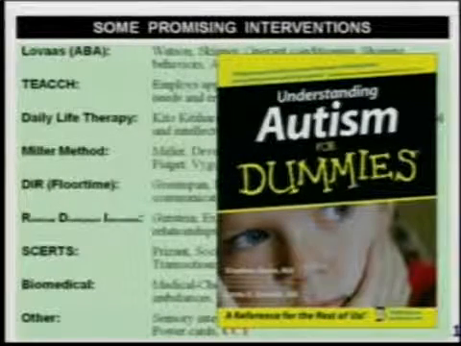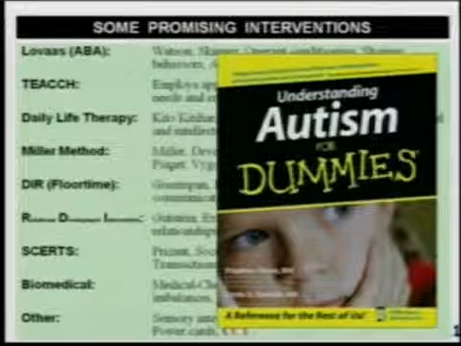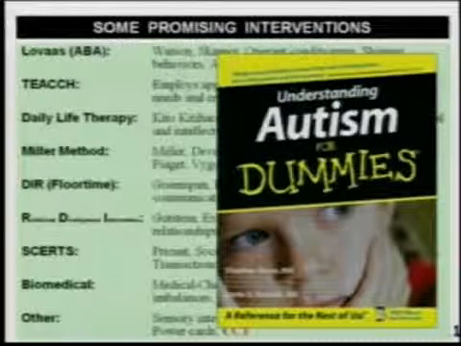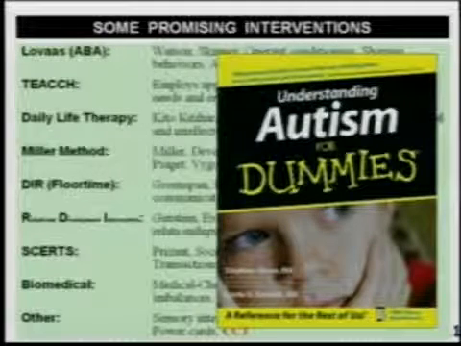So in other words, the question is not which is the best approach, but what is the best approach for this child at this time? Lauren Underwood talked about that this morning. This is also something that I felt was vitally important to put in the Understanding Autism for Dummies book, to get this information into the hands of parents, teachers, and other people supporting those on the autism spectrum as fast as possible.